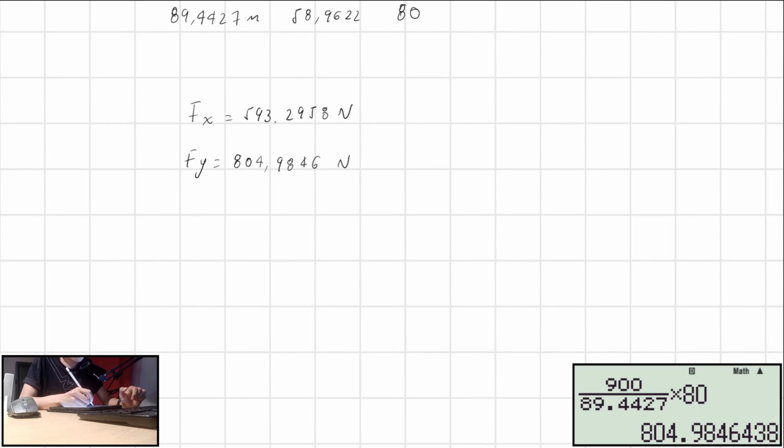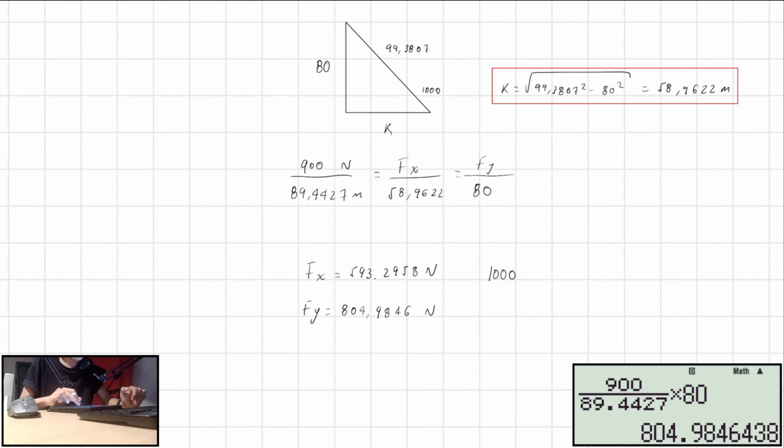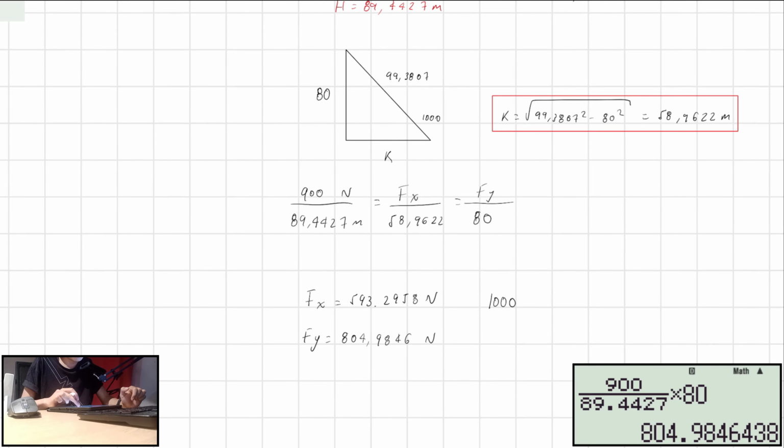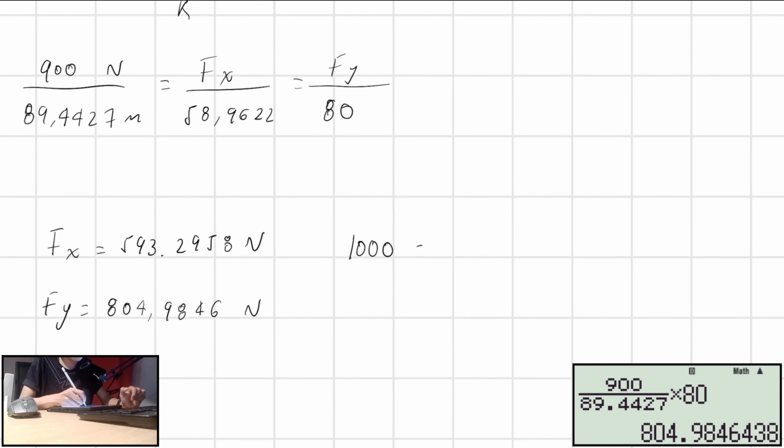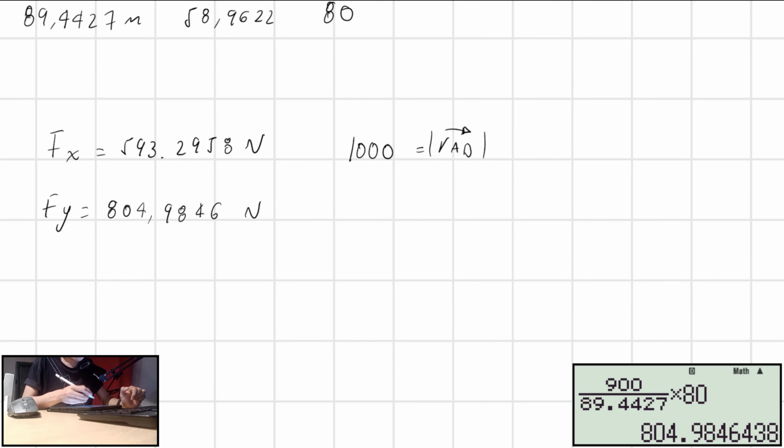So 1000, which is the magnitude of the vector. And now we're going to write down the components.